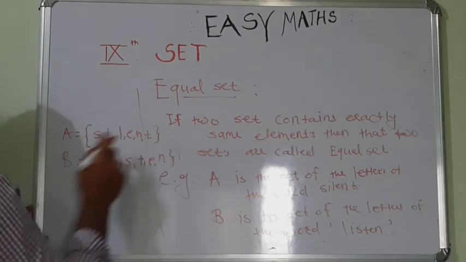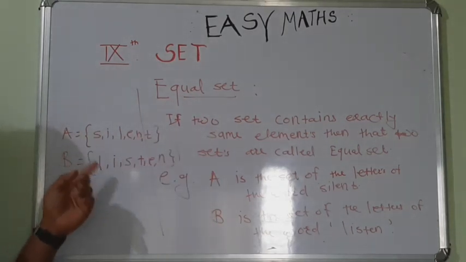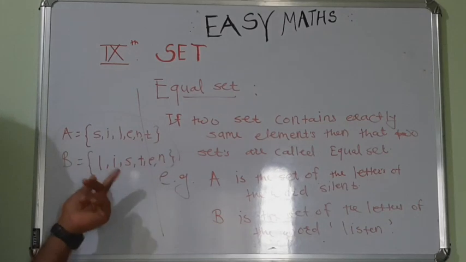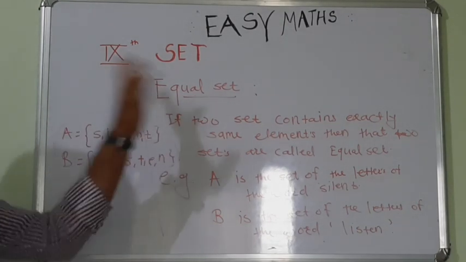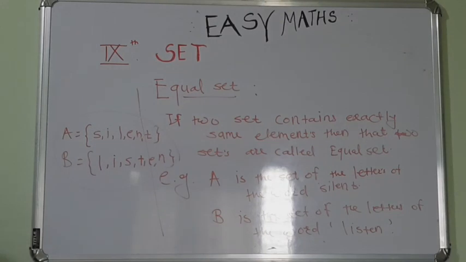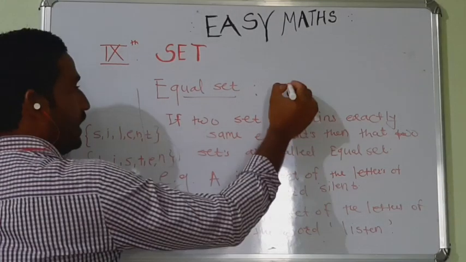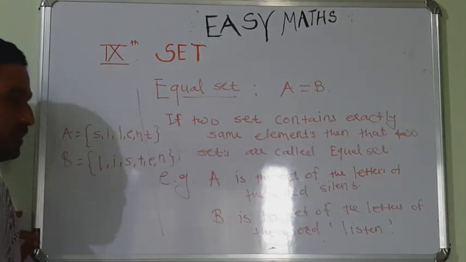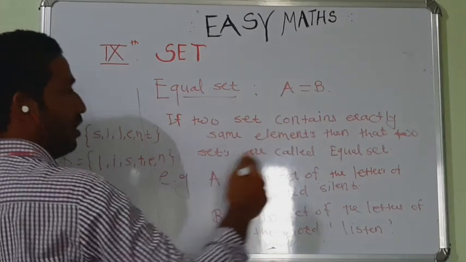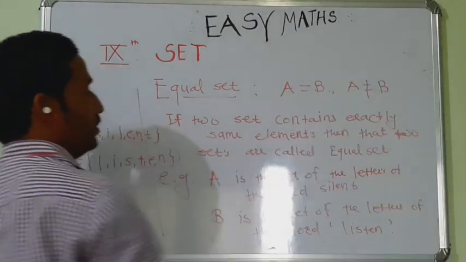These two sets are called equal sets because they contain exactly the same elements. Equal sets can be represented as A equal to B. And if these two sets are not equal, then we write A is not equal to B.